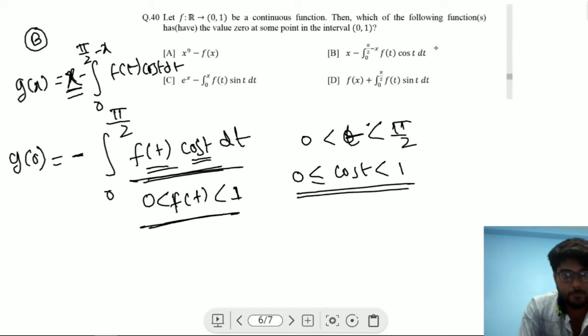So the integral is positive, and with the minus sign, this will be negative.